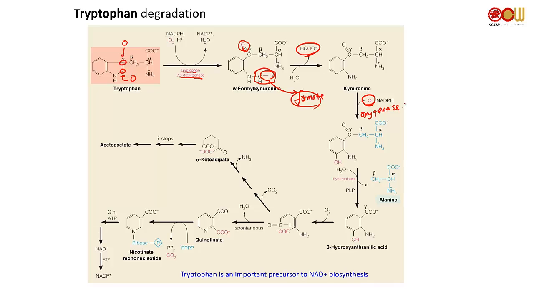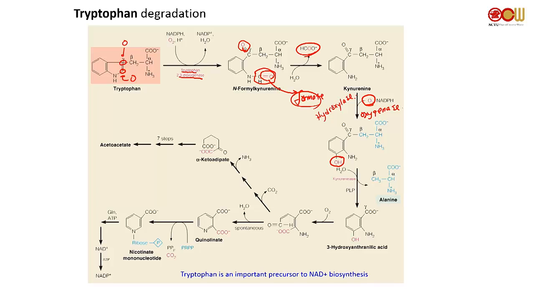Okay? And you incorporate a hydroxy group onto the phenyl ring. Okay? Or oxygenase, or I think usually we'll call them hydroxylase. Okay? But it's just a type of oxygenase. Hydroxylase, you put a hydroxyl group on it.